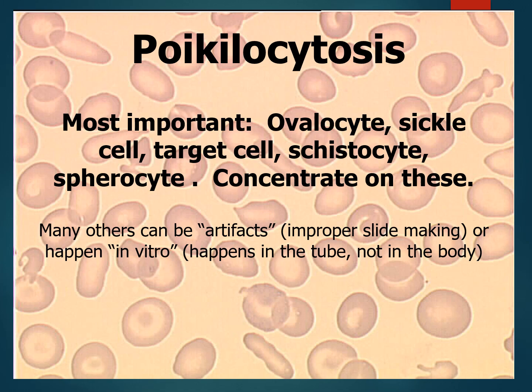So those are the things that can cause problems with the patient more than others that could be artifacts. Like, for example, burr cells are usually artifact that can happen in vitro when it's in the tube and not the body. So maybe the cells shrink up a little bit in response to the anticoagulant or the EDTA component inside the tube that's used for CBC analysis. So the ones that I've pointed out here are the ones that are going to be most clinically significant with regard to poikilocytosis. So keep your eyes open and know how to recognize those.